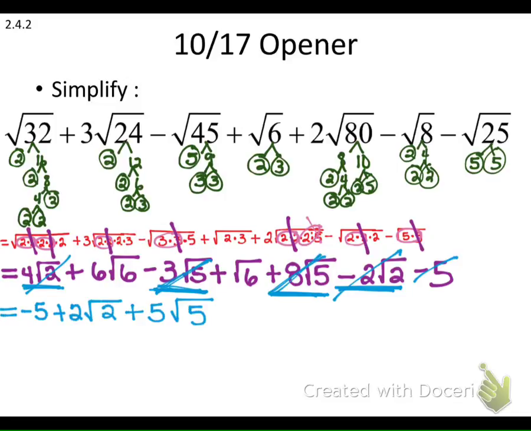My next smallest radicand are going to be my 6's. Now, this square root of 6 does not have a coefficient. So what's the value of the coefficient going to be? 1. So now I have positive 6 plus 1, which equals positive 7 square root 6. And that's your final answer.